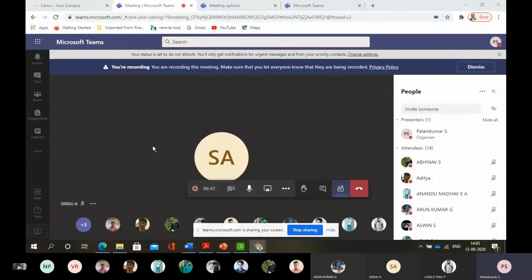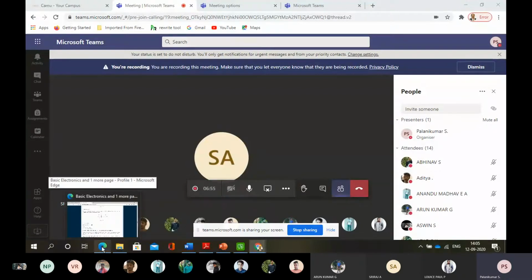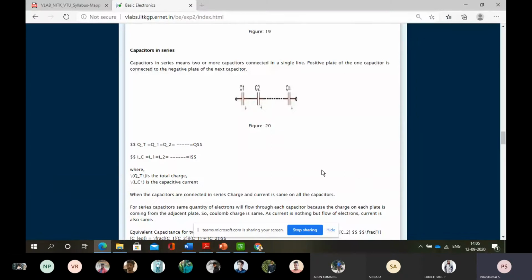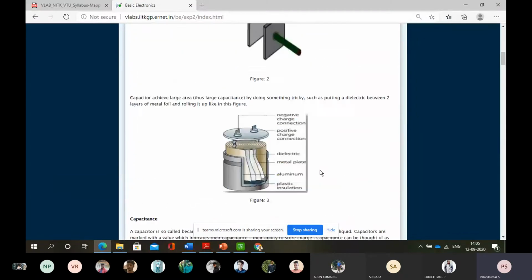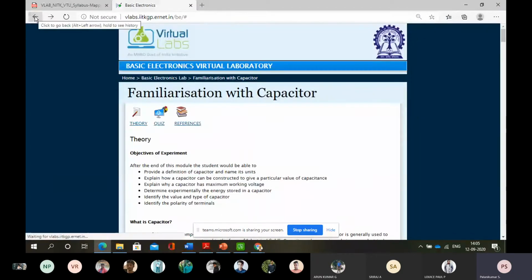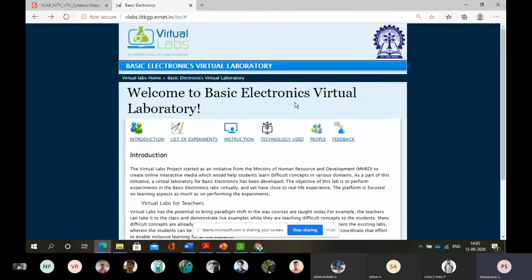Some of you said that this is like the other lab and there is no simulation. Is there? There is, but not any simulation. It is similar. Now I'm presenting one experiment that is a virtual lab, the basic electronics virtual lab.